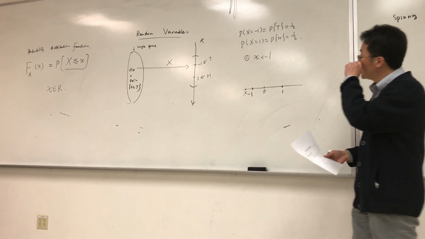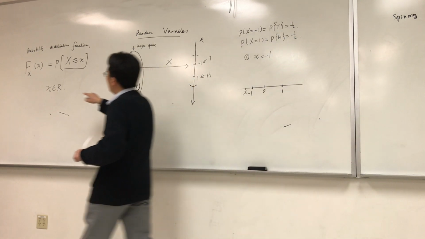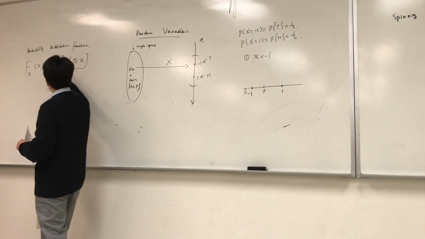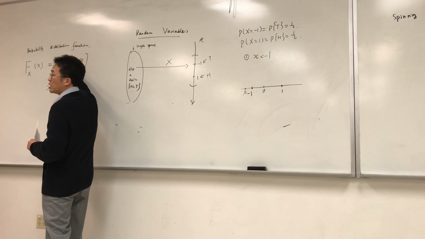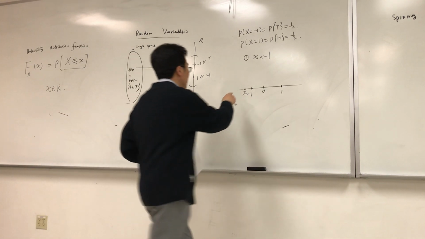And then what's the corresponding value of this distribution function? This represents the event that the random variable is less than or equal to the realization, and the realization is here, right?